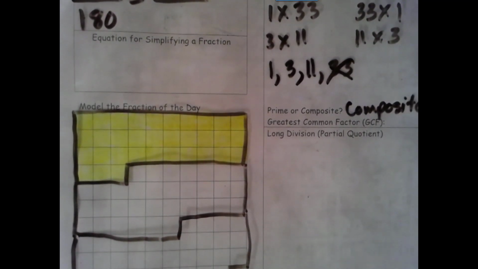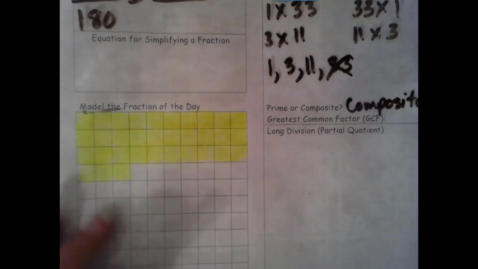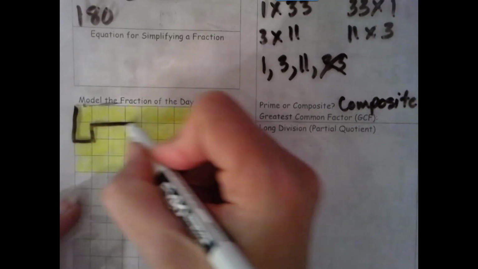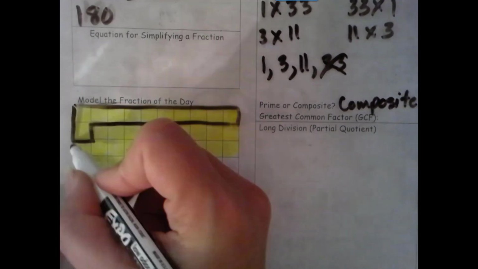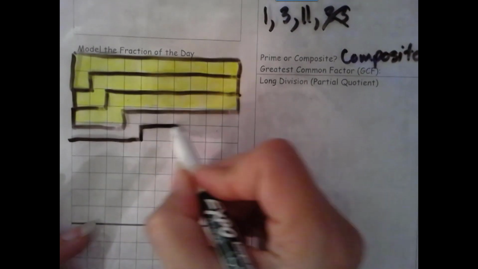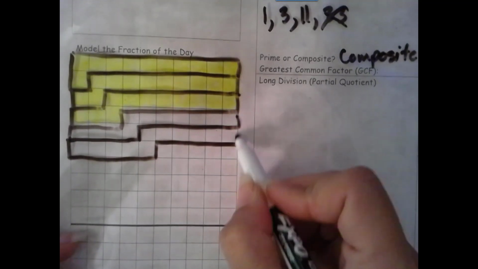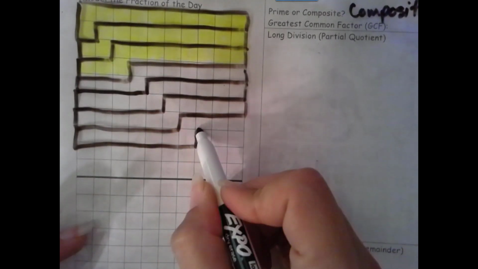Now let's try 11, see if 11 works. It does not matter what our groups of 11 look like, just as long as we have 11 in each group. And we keep the shaded separated from the unshaded. And here I'm using decomposition. I have 5 plus 6 is 11. 4 plus 7 is 11.